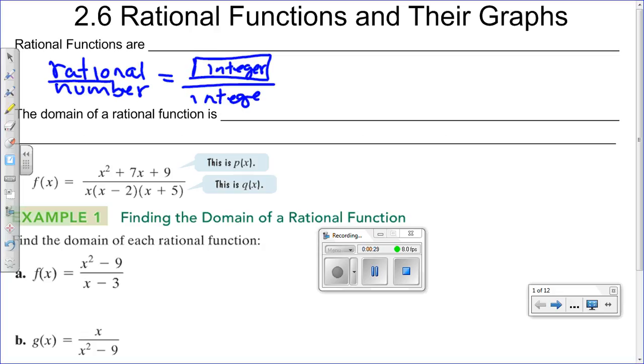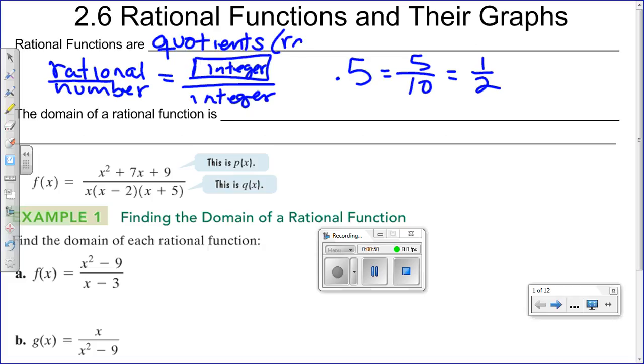So any number that you could write as a ratio of integers, even like 1/5, that would be like 5/10 or 1/2, will still be a rational number. So rational functions are defined as quotients of polynomial functions, or ratios.